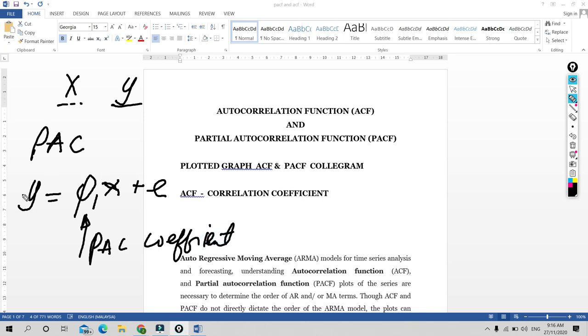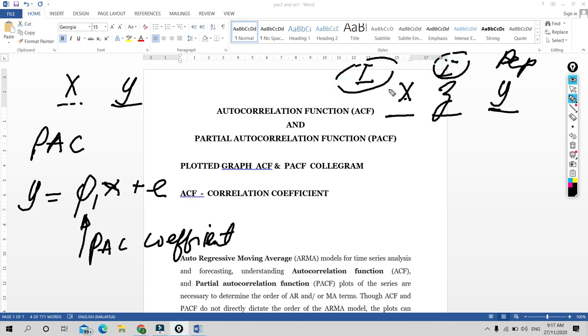Now, this is for a single independent variable. If I have two independent variables, let's say x and z, and y is the dependent variable, and here are the two independent variables.